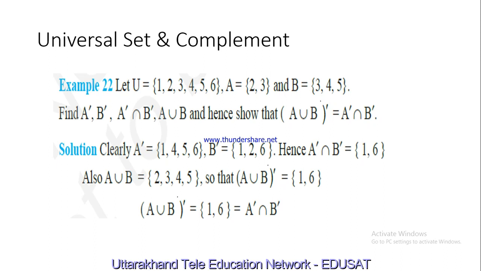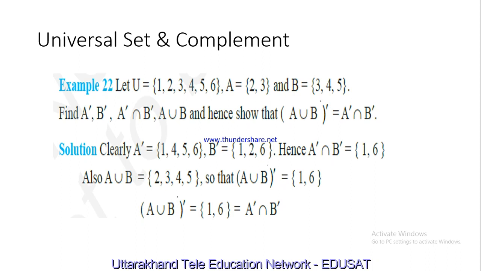So what will be the complement of A? A has got 2 elements 2 and 3, and the remaining elements which are part of U but they are not part of A are 1, 4, 5 and 6, and that is why A dash has been shown as 1, 4, 5, 6, a set which has 4 elements 1, 4, 5 and 6.